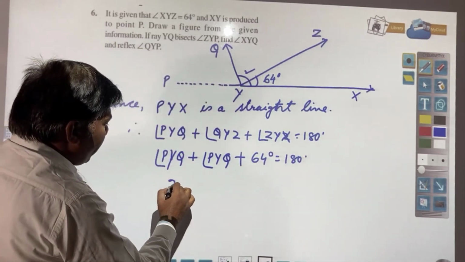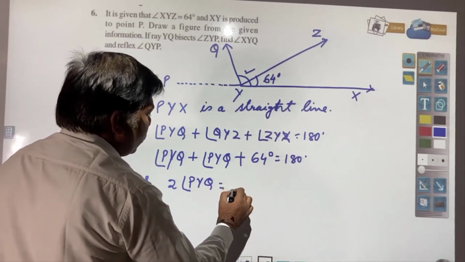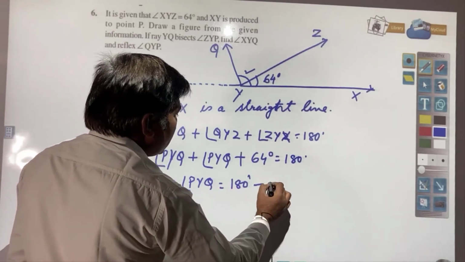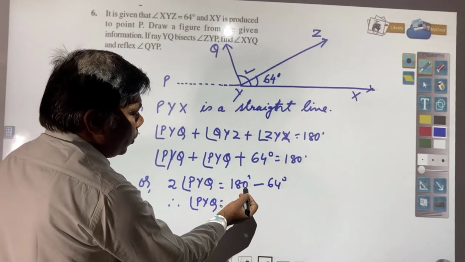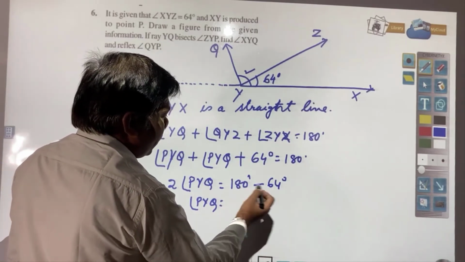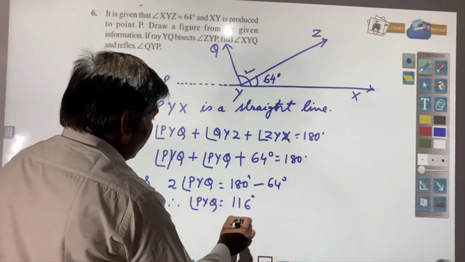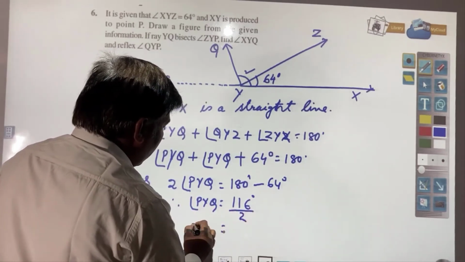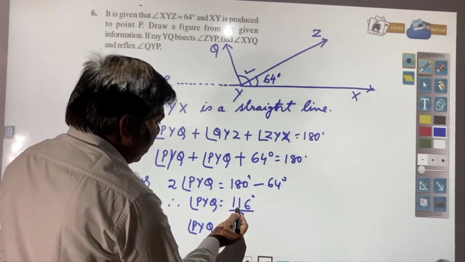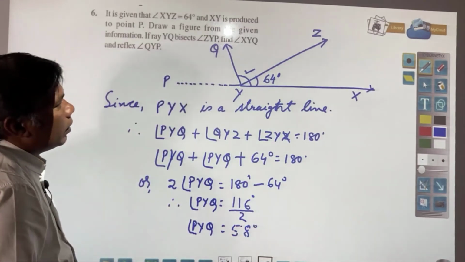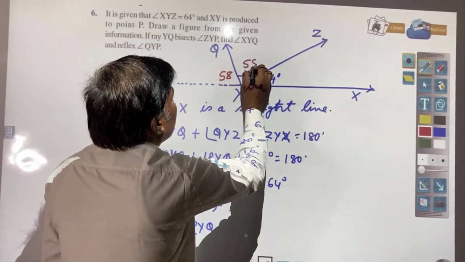Now 2 of angle PYQ is equal to 180 degrees minus 64 degrees, which is 116 degrees. Divided by 2, angle PYQ will be 58 degrees. So this angle will be 58 degrees.